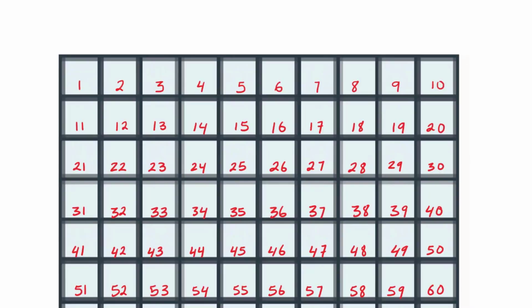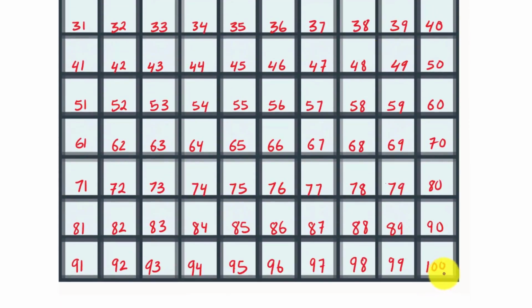In the last lesson, we learned how to count 1 to 100, and we also learned how to write the numbers from 1 to 100. In this lesson, we are going to learn about place values. So let's go back down here, and we have 100.